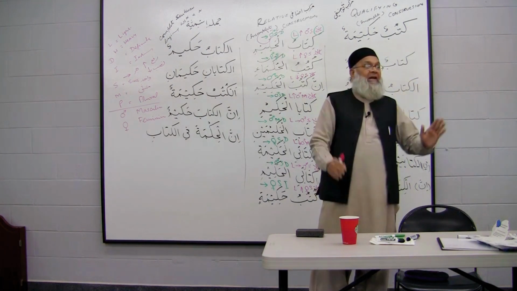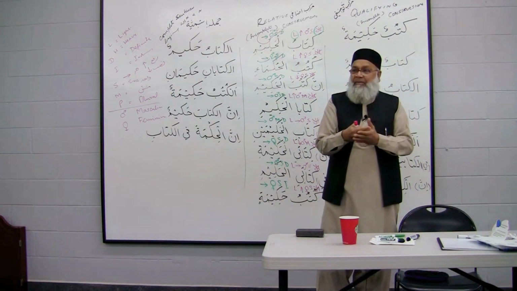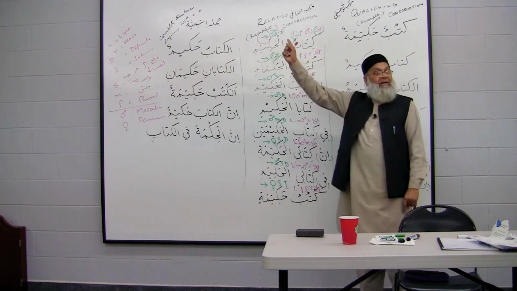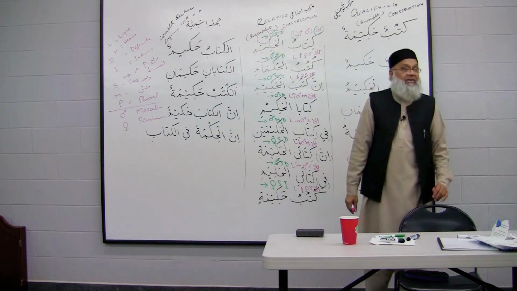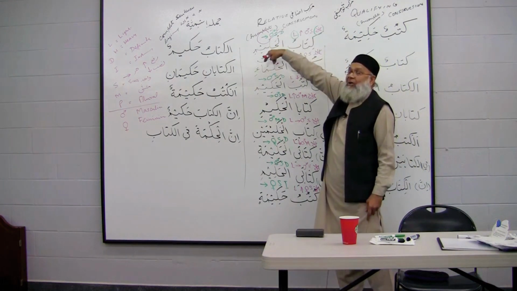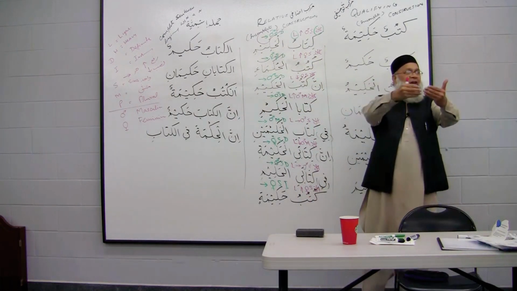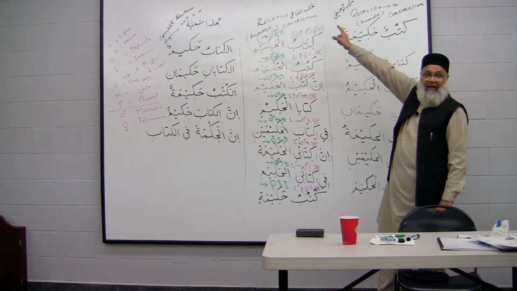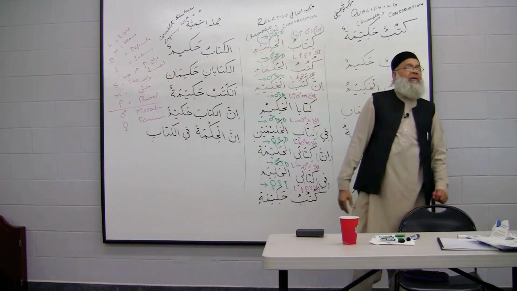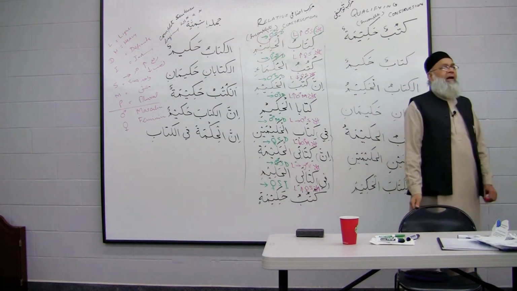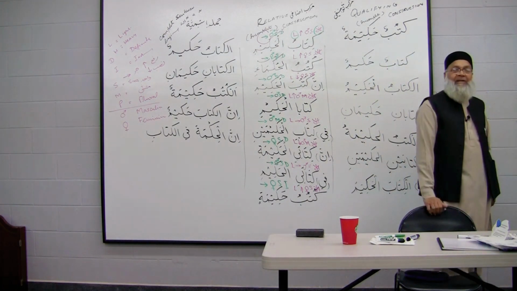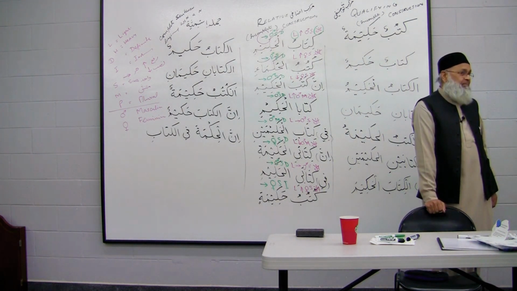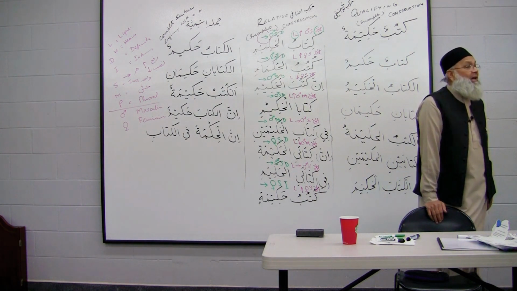But if both are absent, Iraab is light and there is no alif lam, you should suspect it can be the first noun of the relative construction. But you will not say it's a relative construction until you see the second noun in jar form. When these three conditions are fulfilled, the first noun with no alif lam and a light Iraab, and the second noun in jar form, be 101% sure that it is a relative construction. You should have no doubt at all. It's an unbroken rule of the language.